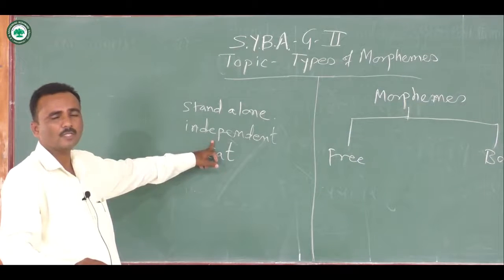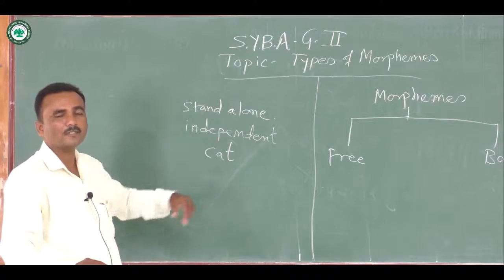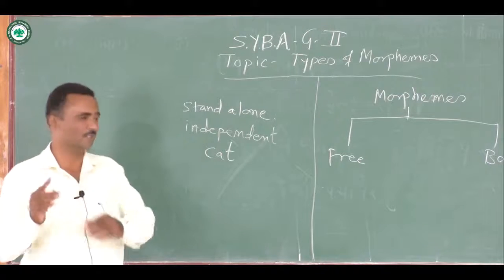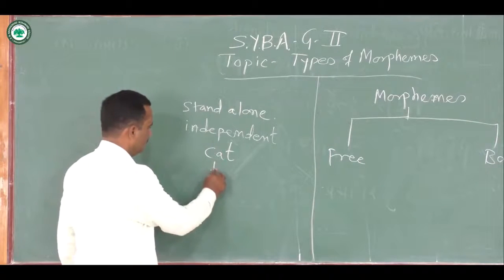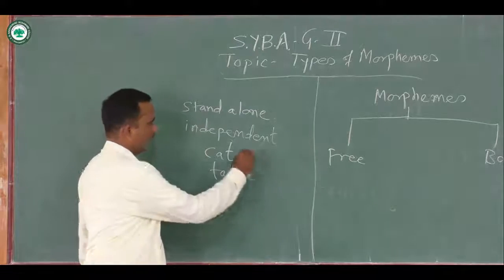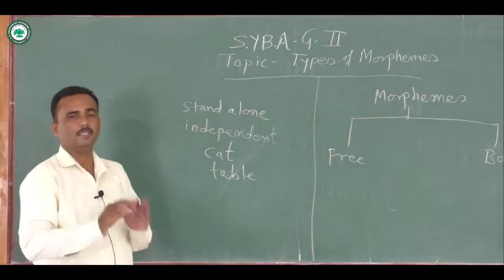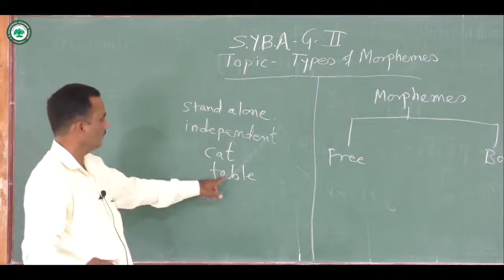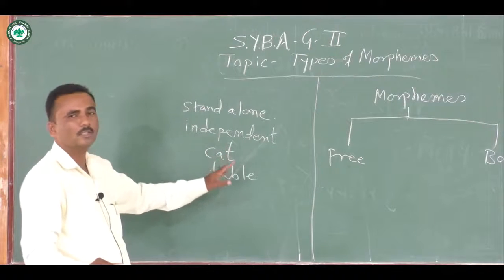Many words which can stand alone, which need not be attached to other parts or other morphemes for the meaning, can be found in English. For example, look at the word table. It is single, it is independent, it can stand alone, it can give a complete meaning. For making a complete meaning, it does not need the support or help of other morphemes.